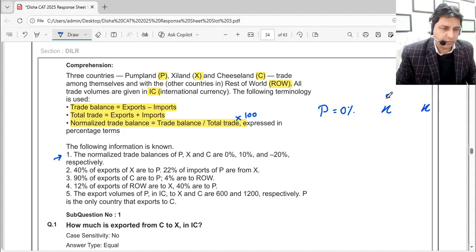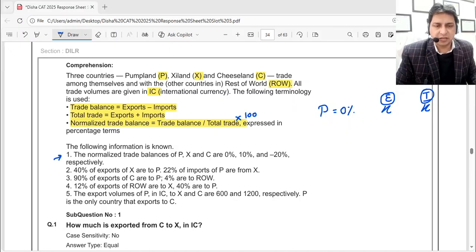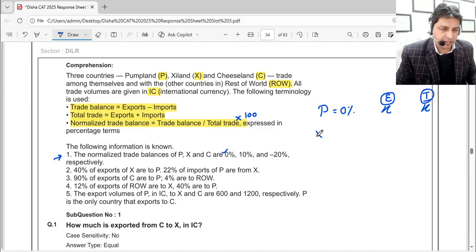If I put exports and imports both as x, then E minus I is equal to 0, and divided by anything you take, the answer is going to be 0 itself.